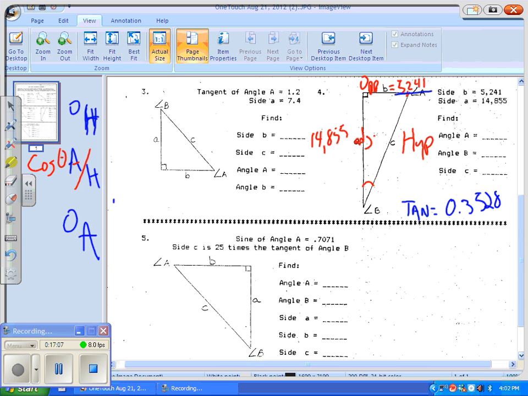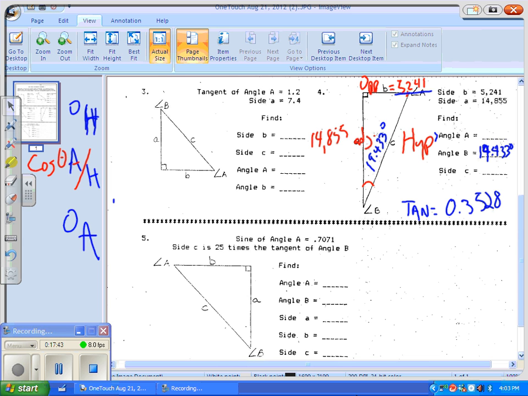We'd kind of like to know the angle, wouldn't we? So we just go second function tangent, second function answer, and it says 19.433 degrees. So that's angle B. Oops, 19, not 14, 19. Okay, and we can find angle A just by subtracting that from 90.